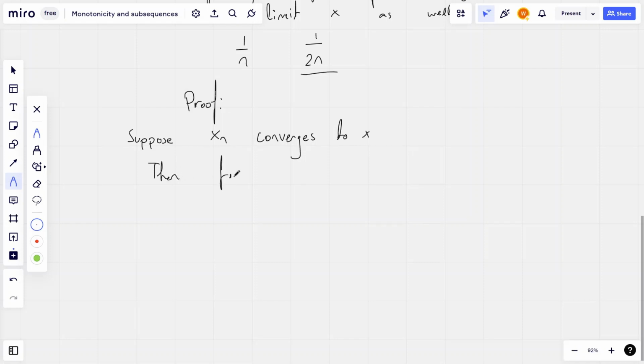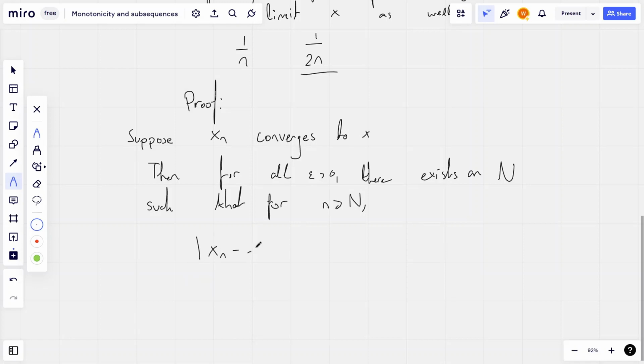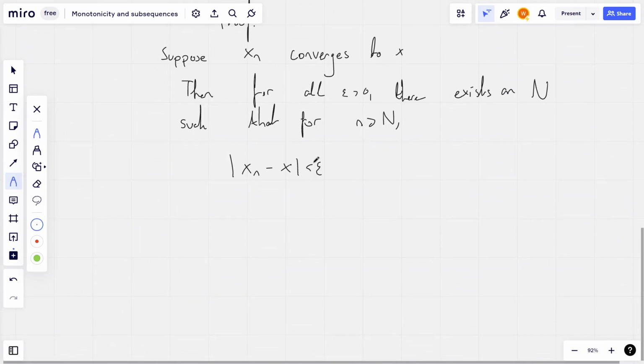Then for all epsilon greater than 0, there exists an N such that for n greater than N, we have that the absolute value of xn minus x is less than epsilon. Okay, so now what we're trying to show is that, in fact, we have this as well.